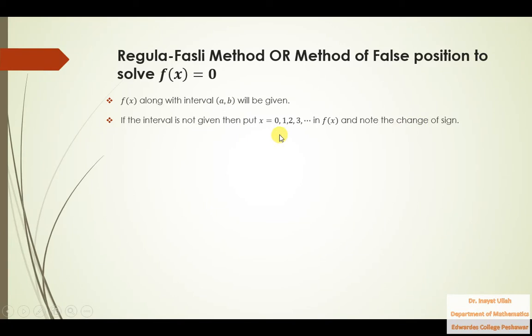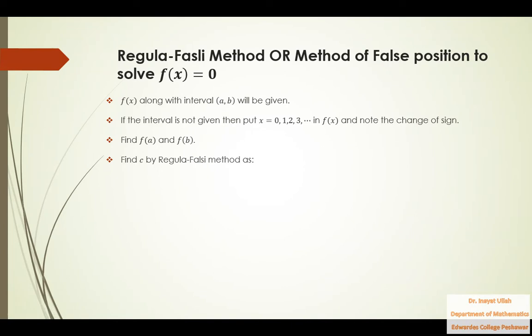Third, we need to find f of a and f of b, as discussed in the previous methods, and the fourth step is to find c by the regula falsi method.